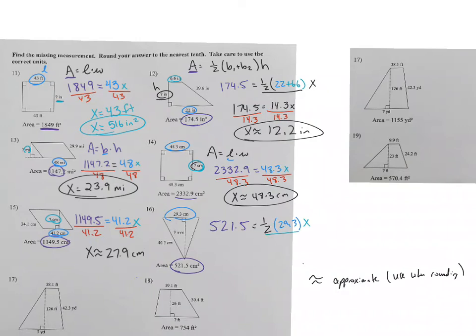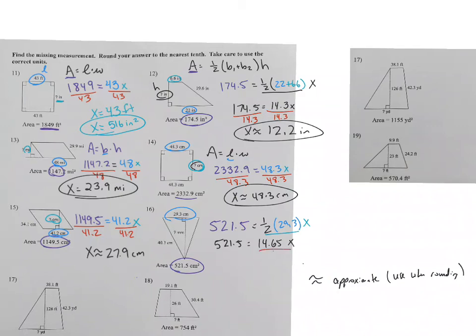Before I do anything, I'm going to do 1/2 times 29.3. So I end up with 521.5 is equal to 14.65 times x.